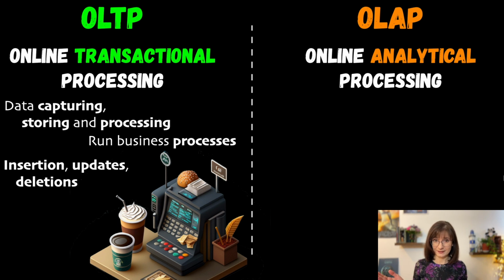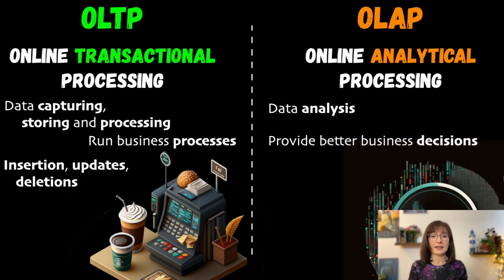On the other hand, online analytical processing focuses on data analysis, aggregating massive chunks of data in the most effective and efficient way. That's why OLAP helps businesses make better decisions. And in general, it's very frequent to see these systems work together hand in hand.